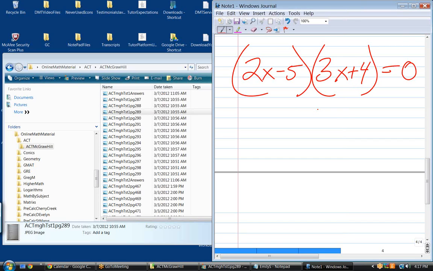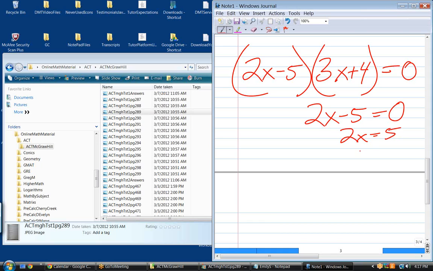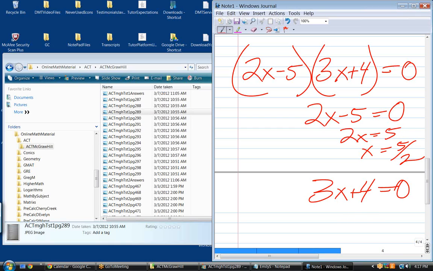Divided by 2 plus 5. Okay, so we're going to solve that equation. Add 5 to both sides. So x equals 5 halves is one solution. The other solution is 3x plus 4 equals 0, which is x equals minus 4/3.